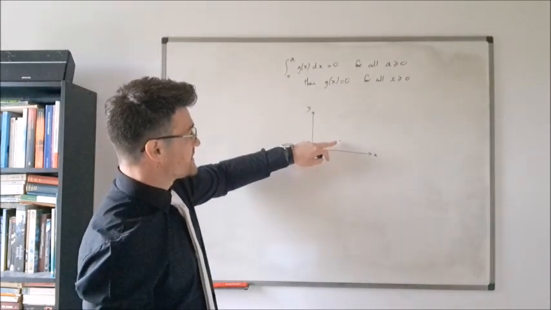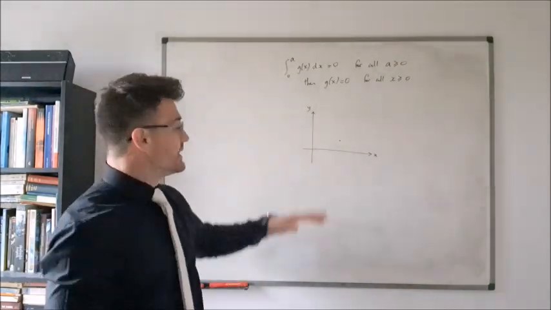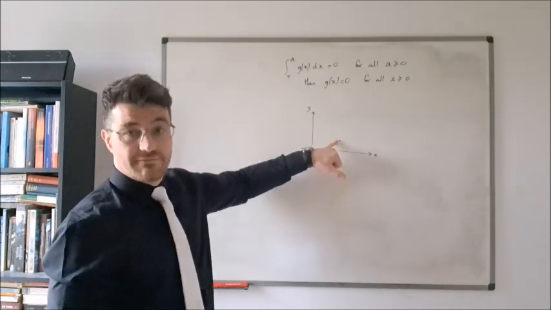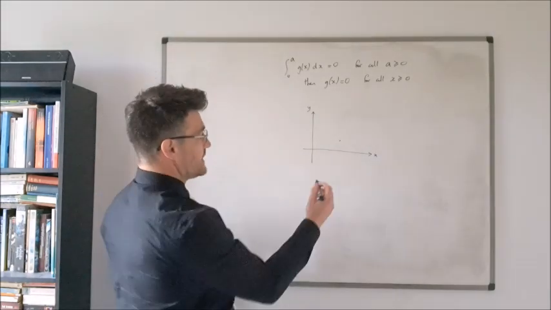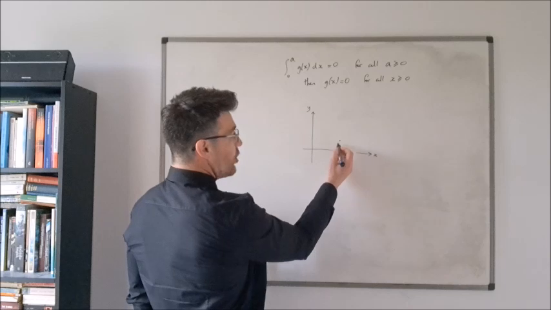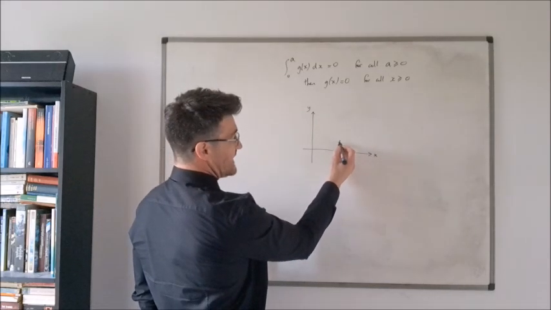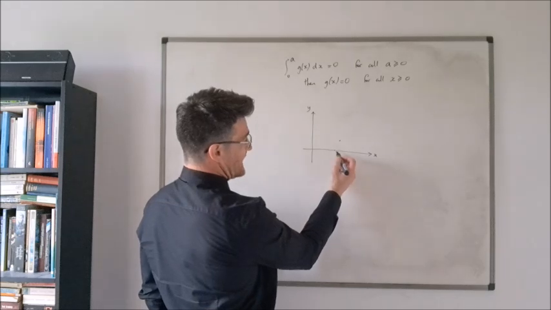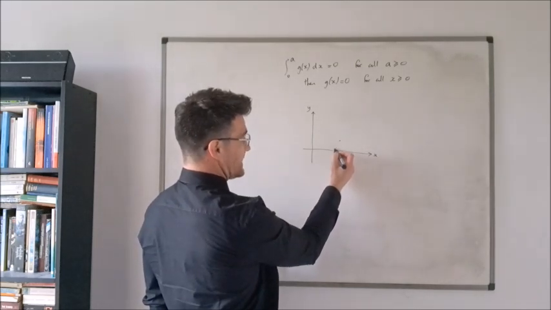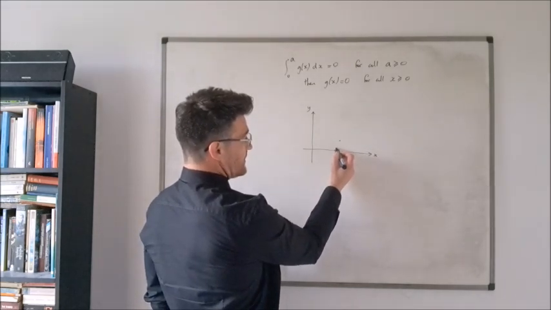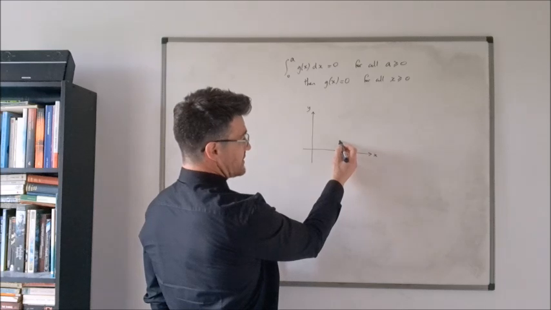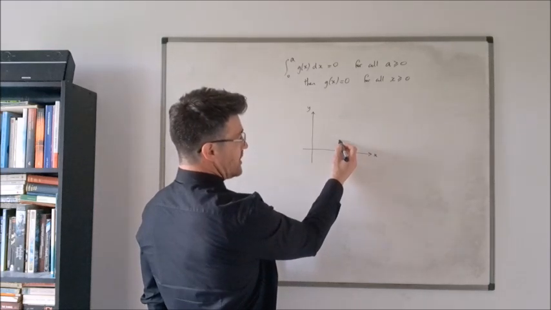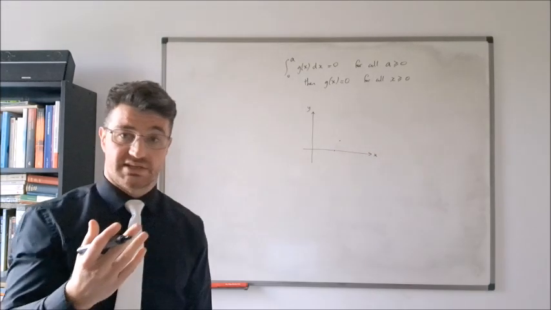If there is a point where our function takes a positive value, then there's no way, without taking my pen off the page, that I could get back down to the x-axis or below it. There's no way that I could get from here to here without taking my pen off the page if this is a continuous function.